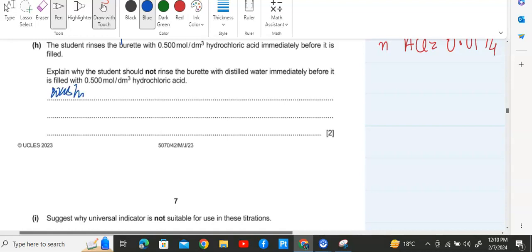Washing it with water first will dilute it.